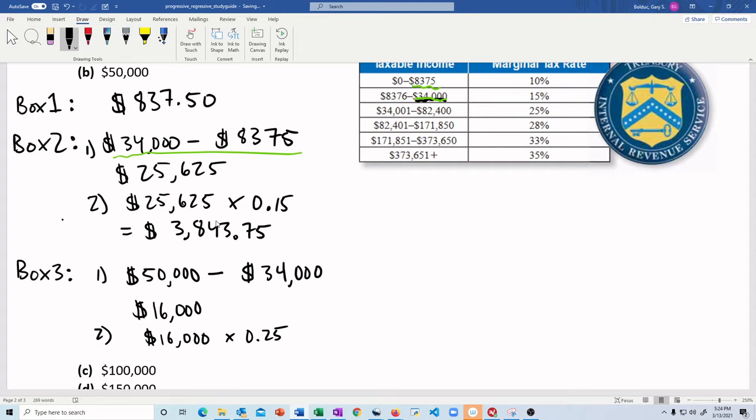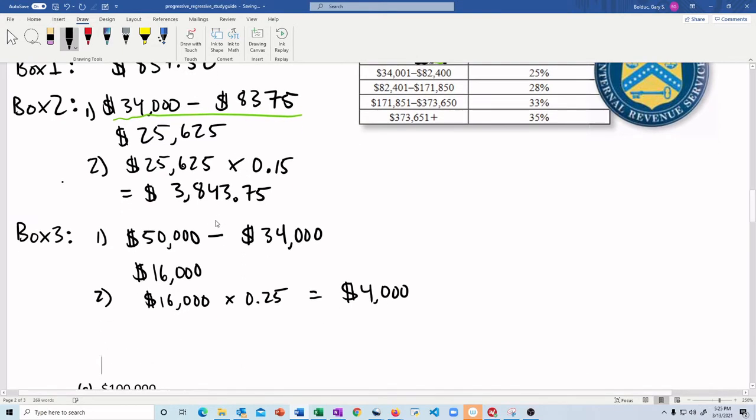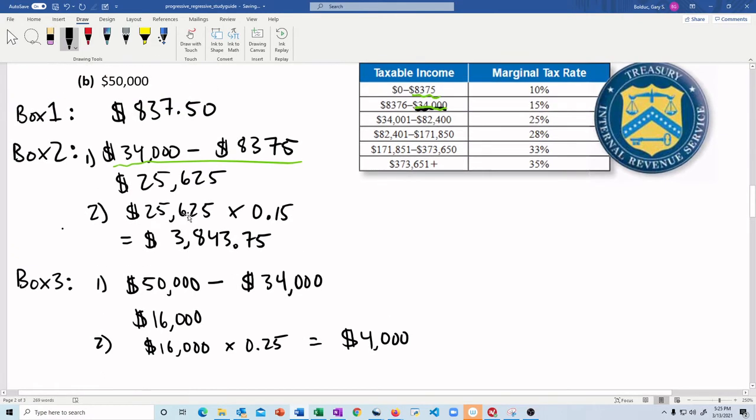So we take 16,000 in our calculators times 0.25, and that is $4,000. Okay, so what do we do?